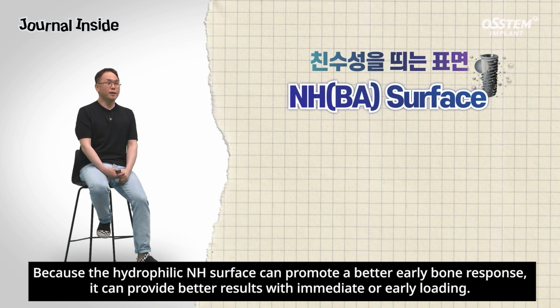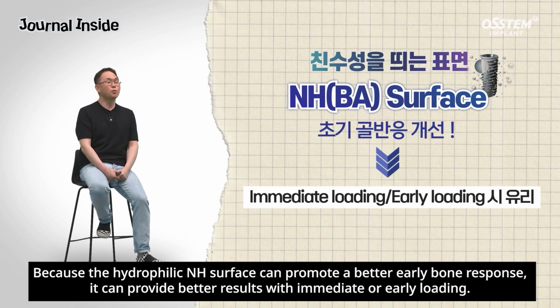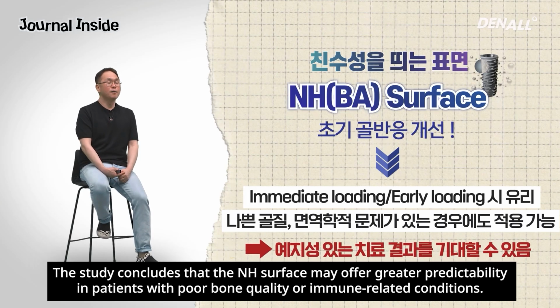Because the hydrophilic NH surface can promote a better early bone response, it can provide better results with immediate or early loading. The study concludes that the NH surface may offer greater predictability in patients with poor bone quality or immune-related conditions.